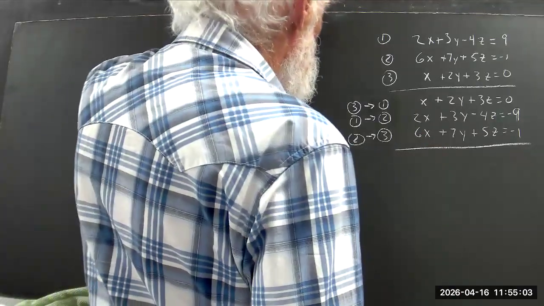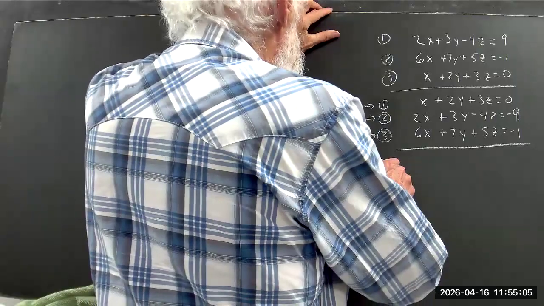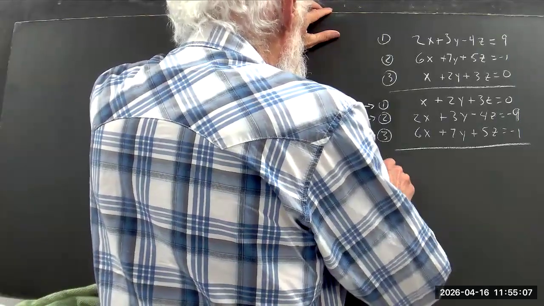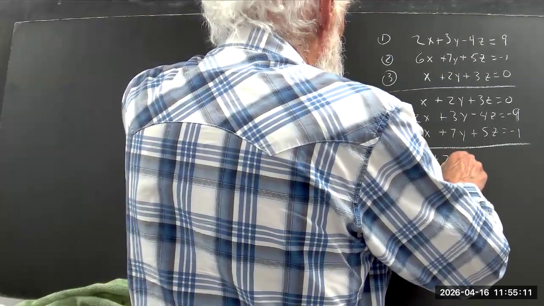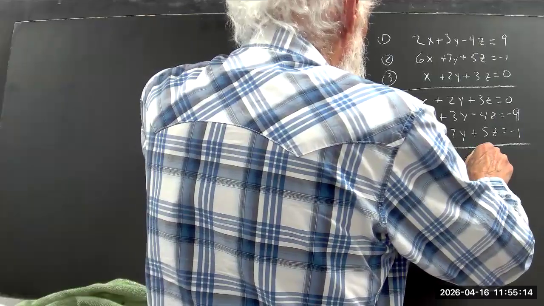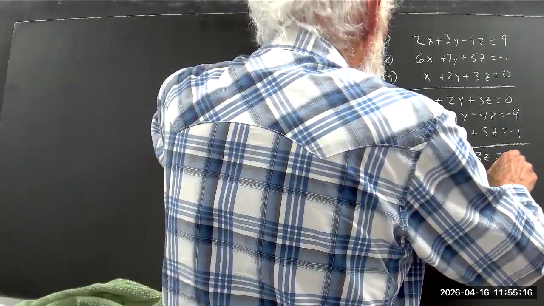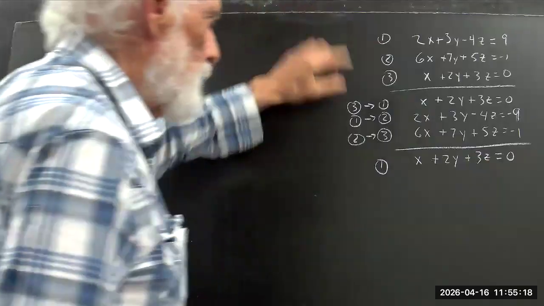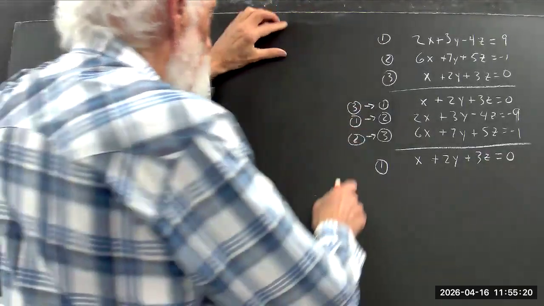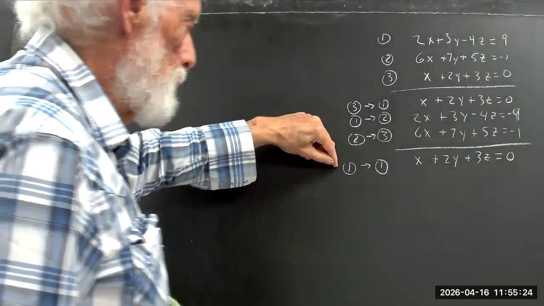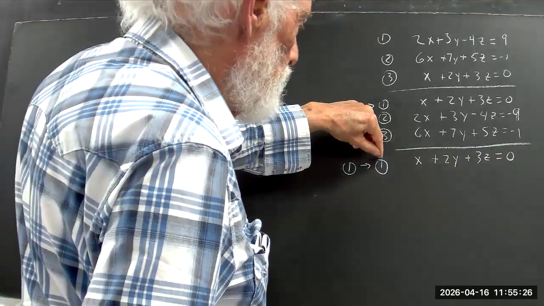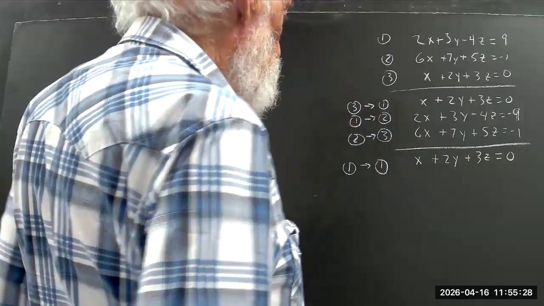Well, now what I want to do is, I like my first equation. It has a 1 in front of x, and I want my first equation to have a 1 in front of x. So equation 1 remains equation 1. I'll write equation 1, little arrow, circle equation 1 again.